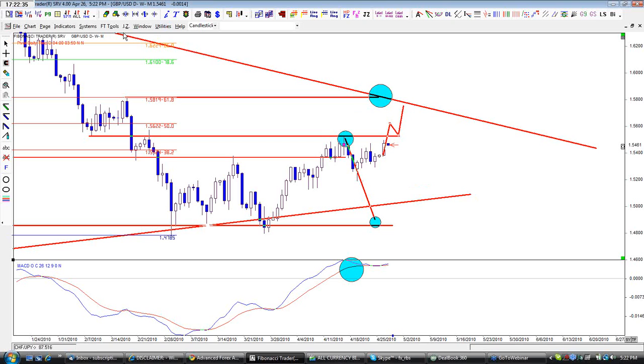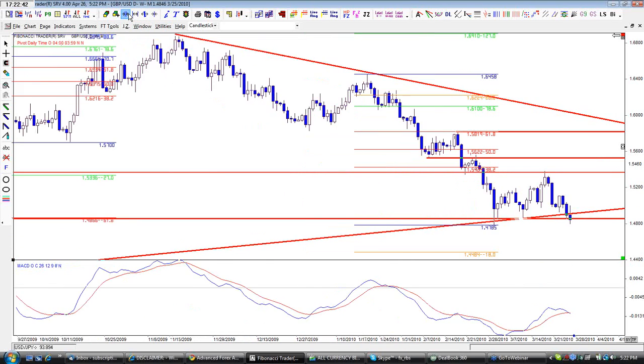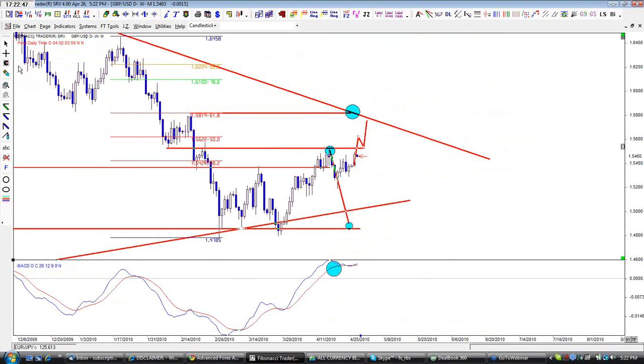bullish to hit the big downtrend line that is coming all the way from the top. We also have a resistance at 158.20.